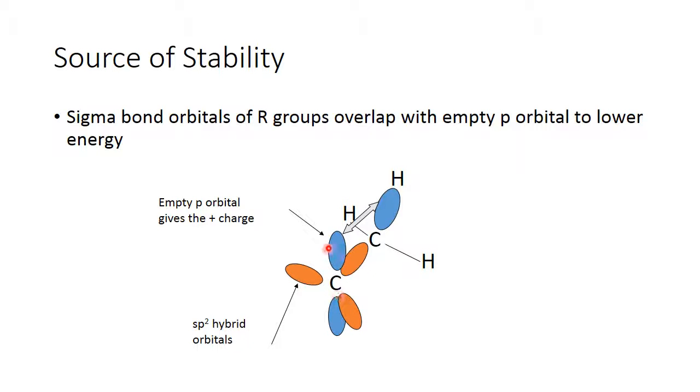And then there's a leftover p, and that leftover p is empty. That's why there's a positive charge on the carbon. That empty p orbital overlaps with electrons that are in a carbon-hydrogen or a carbon-carbon bond that is parallel and adjacent to it. That stabilizes it. So the more carbons that are attached here, the more possibility for this kind of overlap, and therefore greater stability.